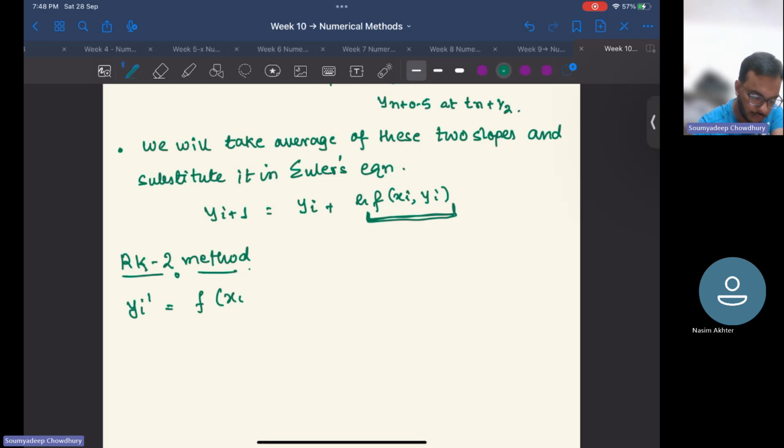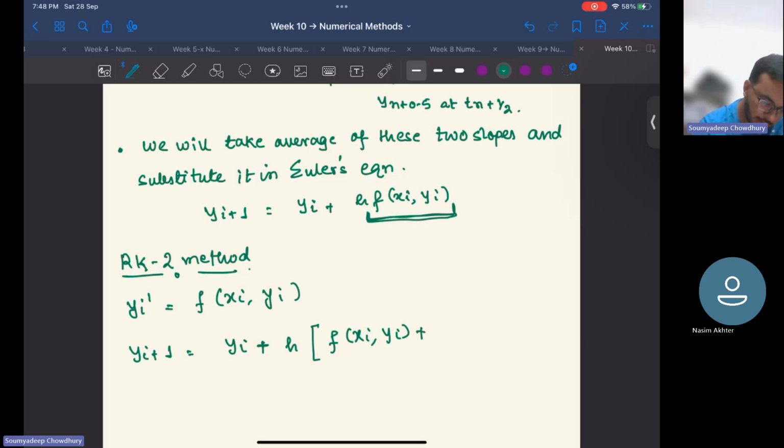So this was actually the differential equation, right? So here in the RK2 method, as I described, what we will be doing here is y_{i+1} is y_i plus h into f at x_i plus half, y_i plus half.